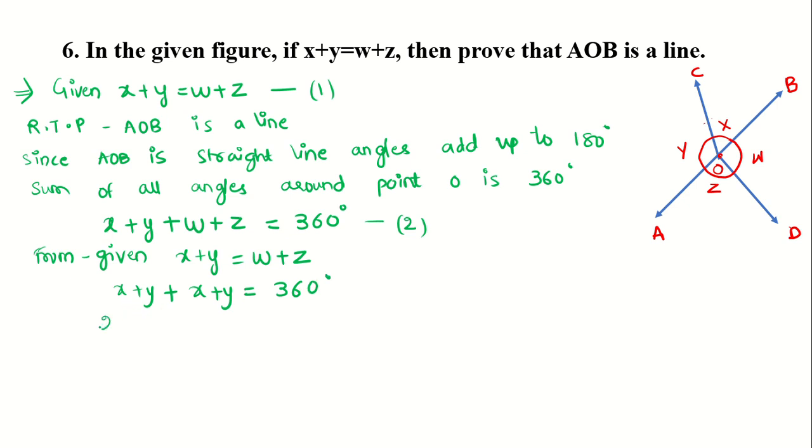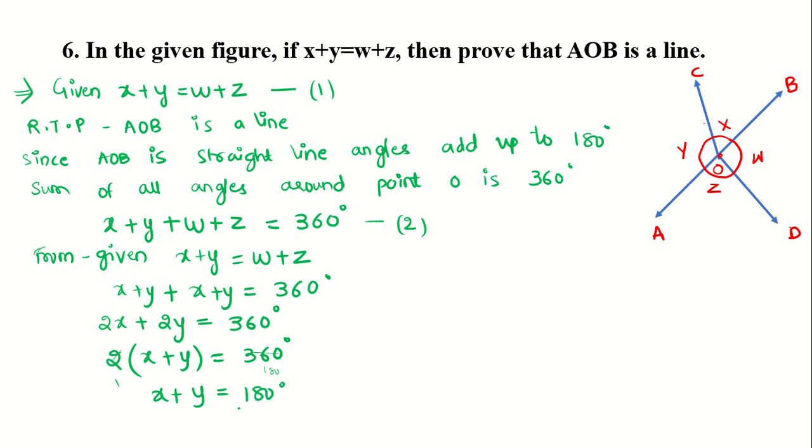Now you have 2x, plus 2y, which is equal to 360 degrees. Now as you can see, 2 is common. Take out 2 as common, it will become 2 times X plus Y equals 360 degrees. Now 2 ones are 2, and 2 180s is 360. So X plus Y equals 180 degrees.